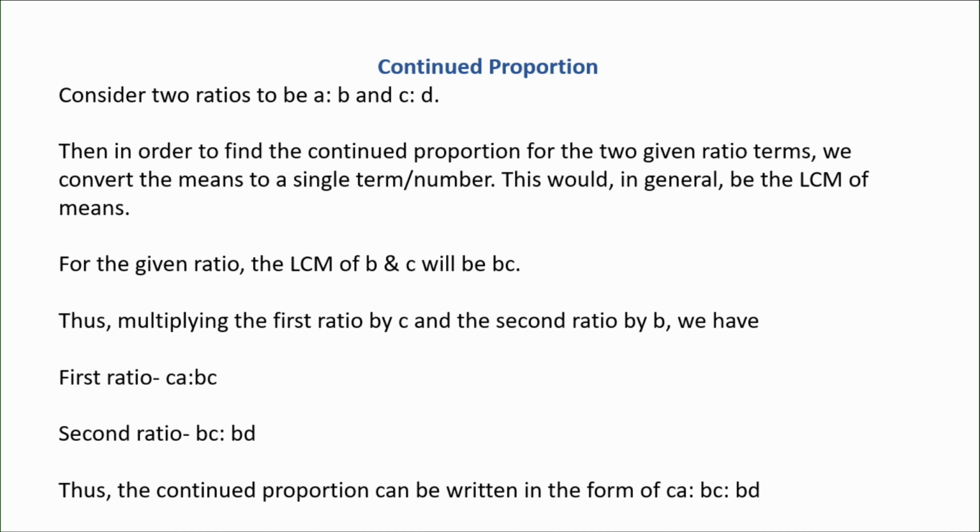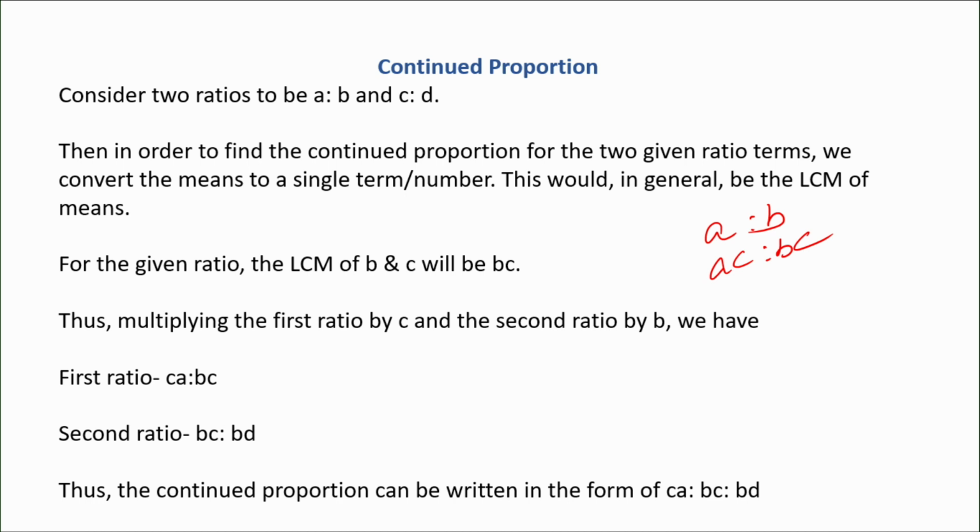The LCM of B and C will be BC, correct. Thus, multiplying the first ratio by C and the second ratio by B, we have A is to B. Multiply both with C, then we get AC is to BC. This is the first ratio.